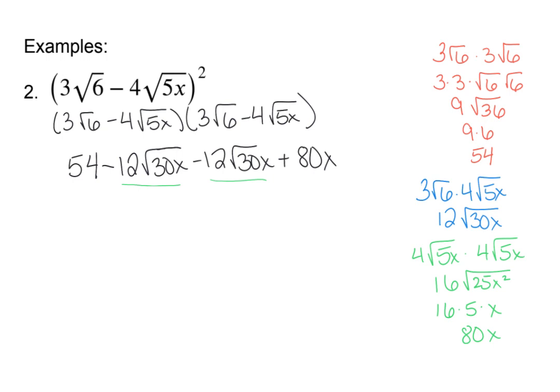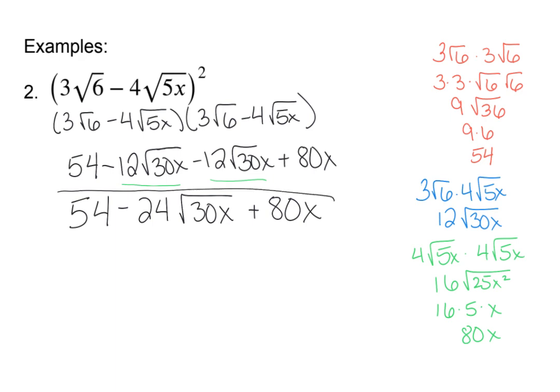But let's go ahead and combine the middle two. So we're going to have 54. Let's see, negative 12 and negative 12 means negative 24 of those roots. And then 80x. At this point, we have put together everything that we can. There are no more like terms or like roots, so this is as simplified as it's going to get.